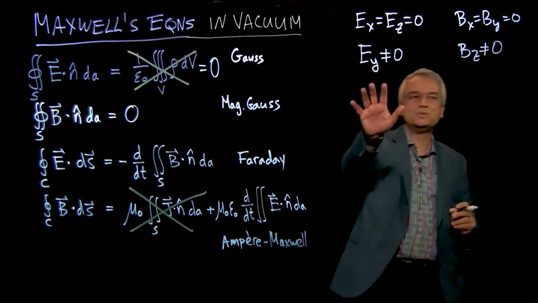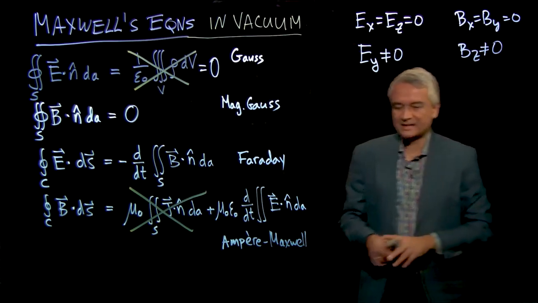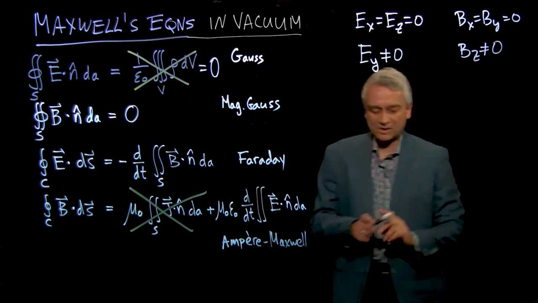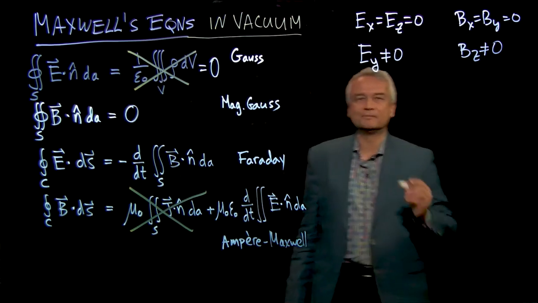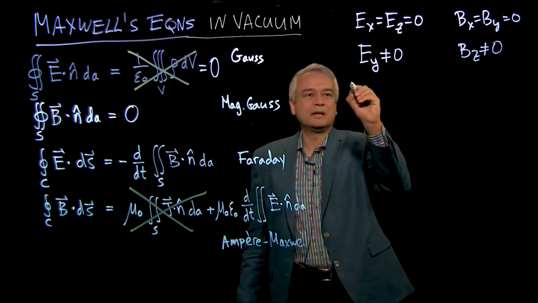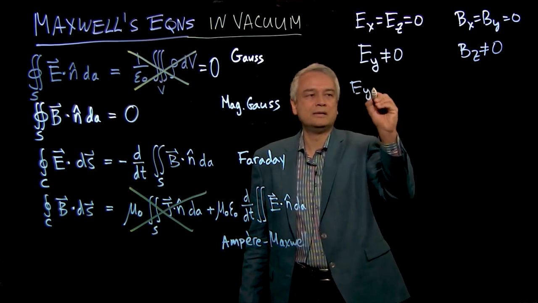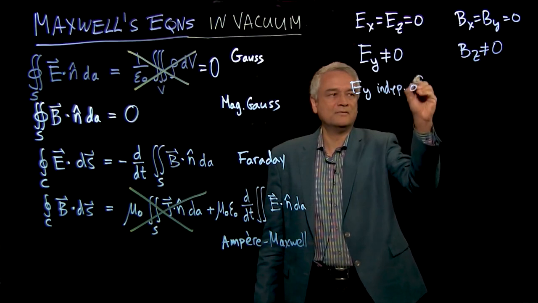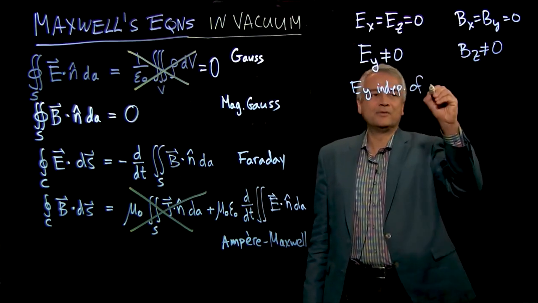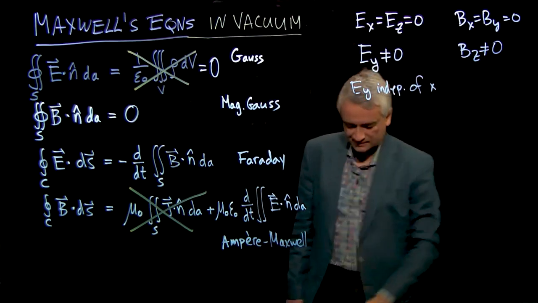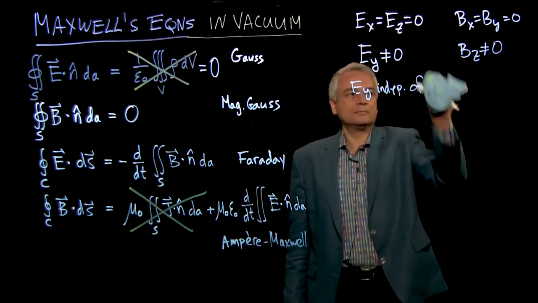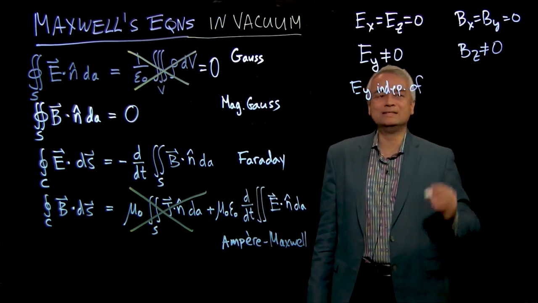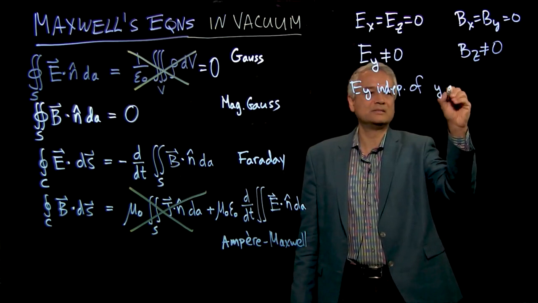And furthermore, these two non-zero components of the electric and magnetic fields are going to have the feature in this solution that Ey is independent of y and z.